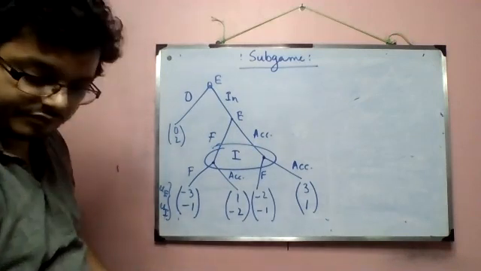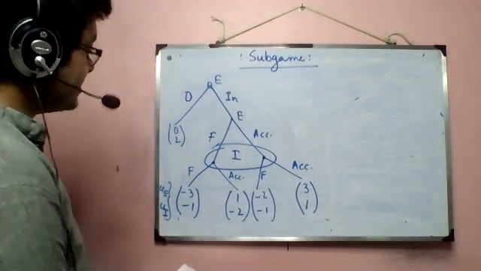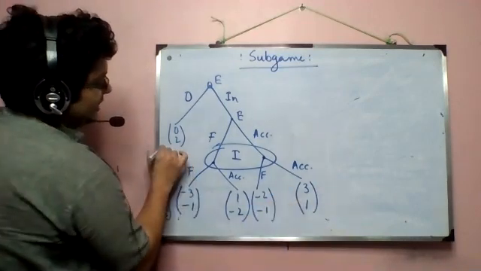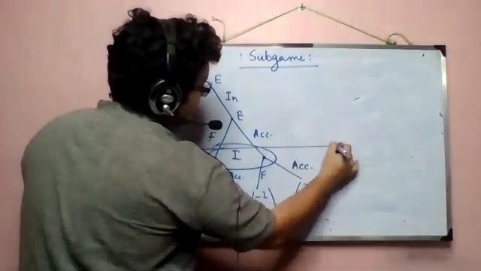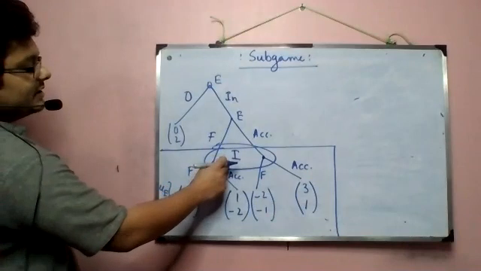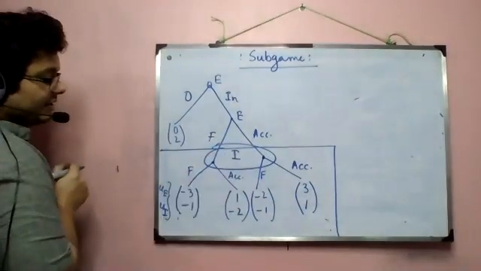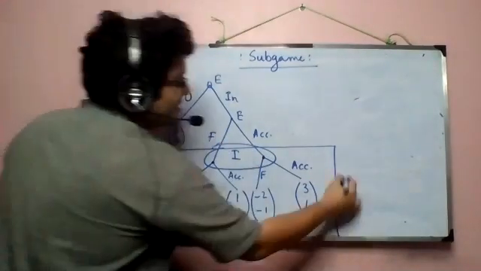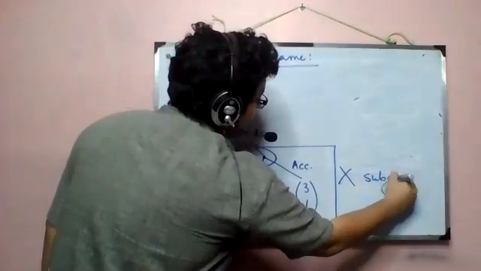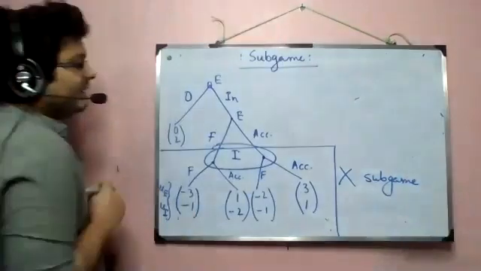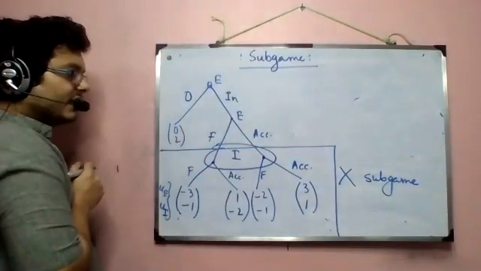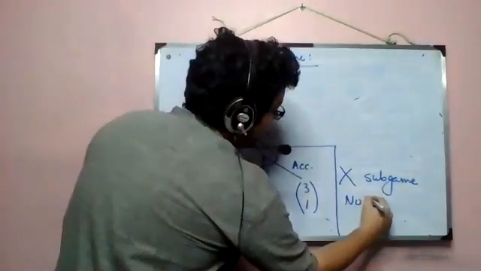Okay. So which one is not a subgame? First of all, definitely, if I take this game, starting with i's information set with two nodes, this will not become a subgame. So this is not a subgame. Why is it not a subgame? Because none of these two nodes qualify as initial nodes. So no initial node.